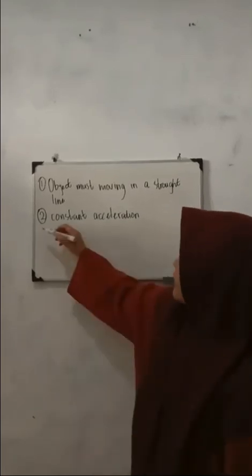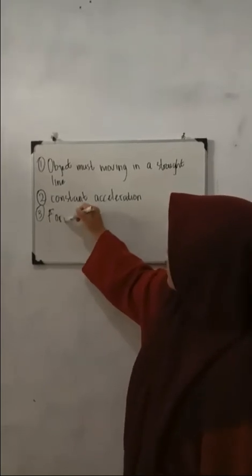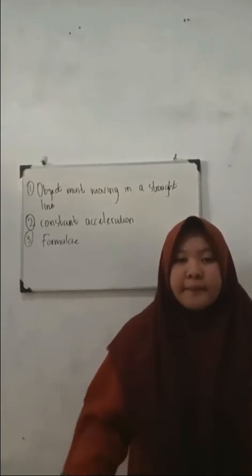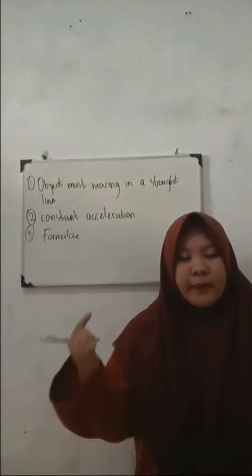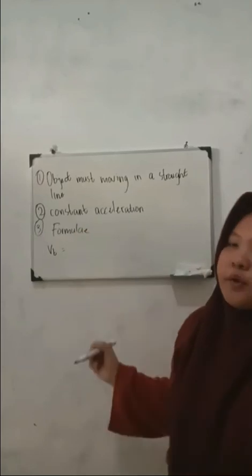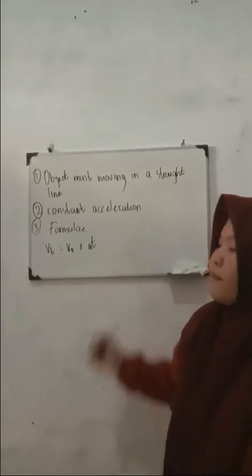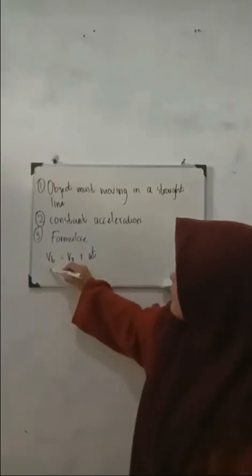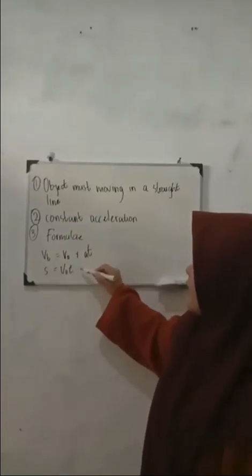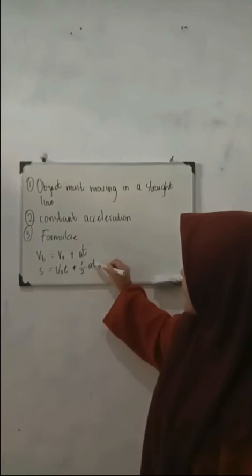And the formulas we have to remember, okay, there are four formulas. The first, Vt equals V null plus At. And the second is S equals V null T plus half At squared.